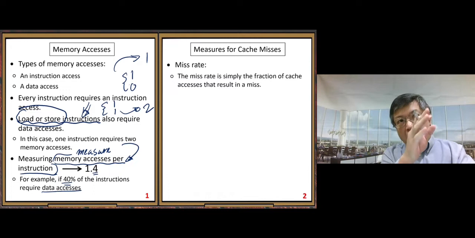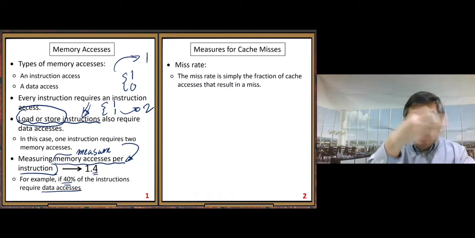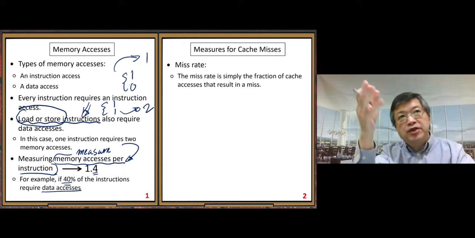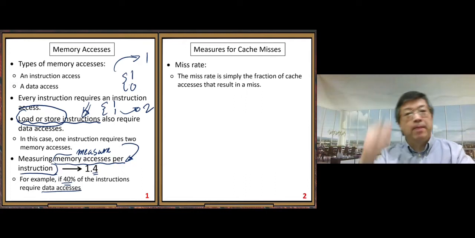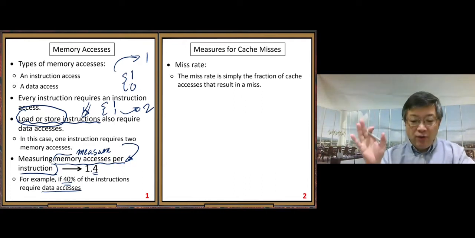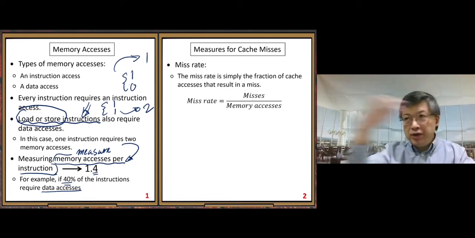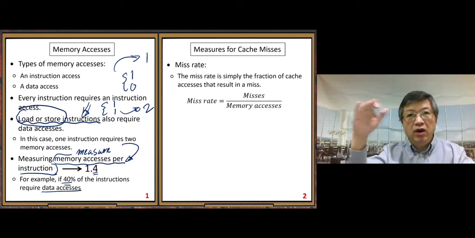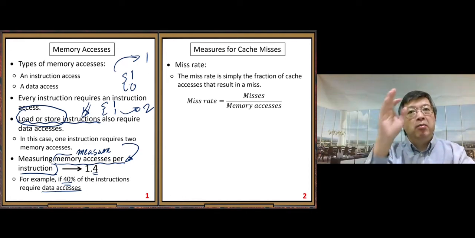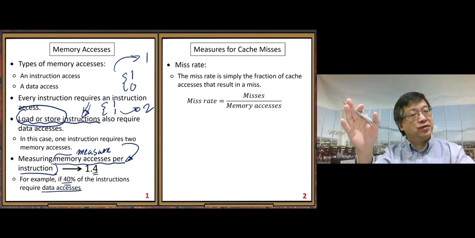So we can write the formula: miss rate equals the number of misses over the number of memory accesses.